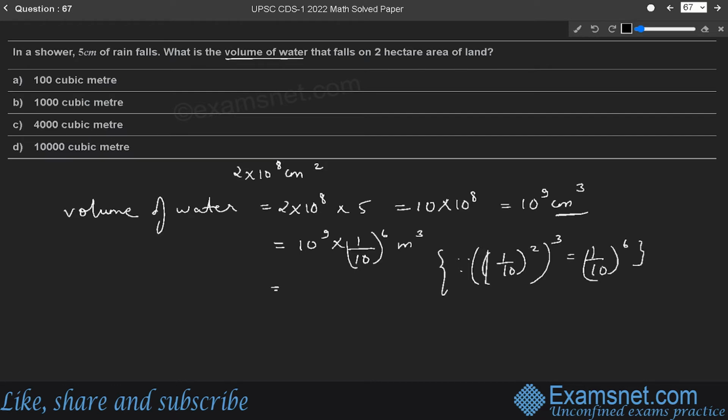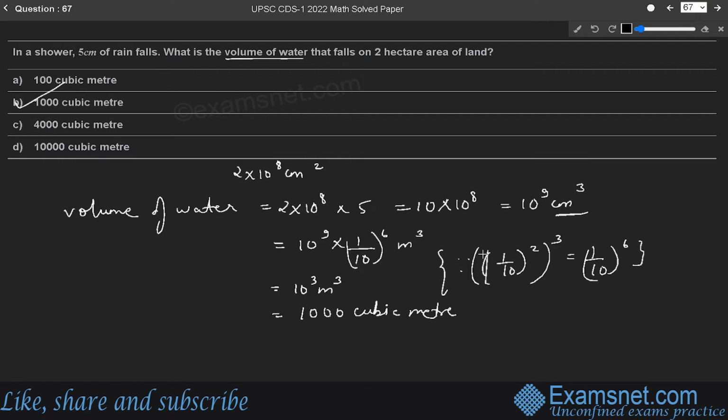So therefore it will be 10 cube meter cube, and we know that 1 meter is equal to 100 centimeter. So it will be 1000 cubic meter. Therefore, we can say that the volume of the water that falls on 2 hectares of ground is 1000 cubic meter. So the correct option for this question is option B.